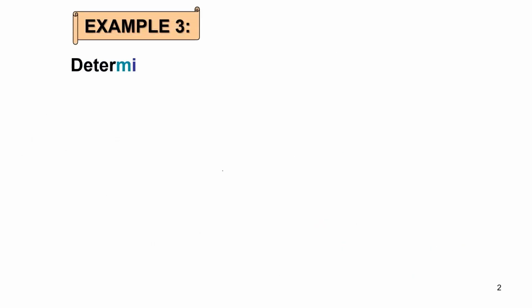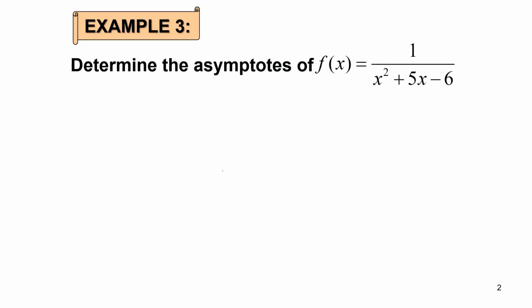Example 3. Determine the asymptotes of f(x) equal to 1 over x squared plus 5x minus 6. Let's start with vertical asymptotes. To find vertical asymptotes, we need to find the values of x for which the function f(x) is undefined.